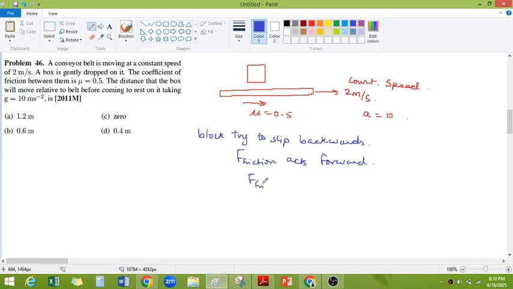So F friction is equal to, as usual, mu into N, so mu into mg.